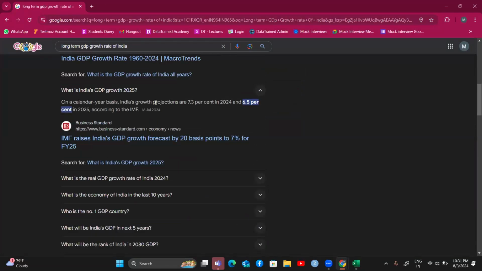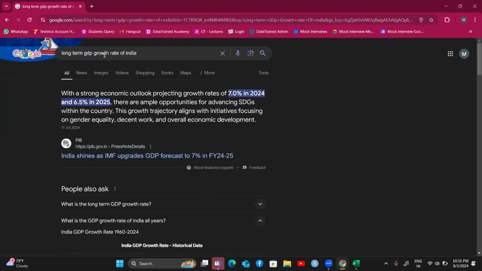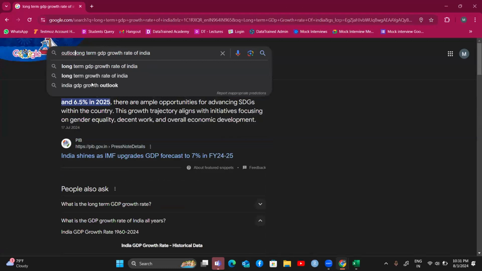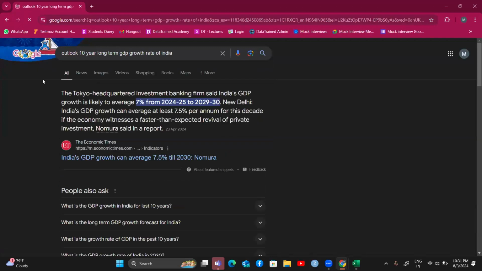On a calendar year basis, India's growth projection is 7.3%. Okay. For India, outlook, 10-year GDP growth rate of India. So it is on an average 7% from 2024-25 to 2029-30.